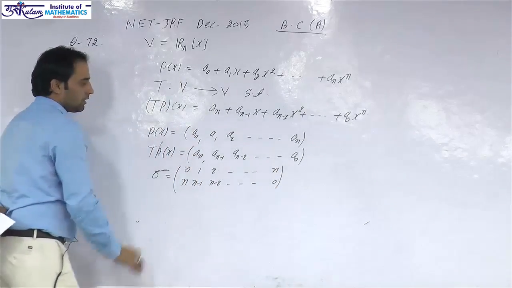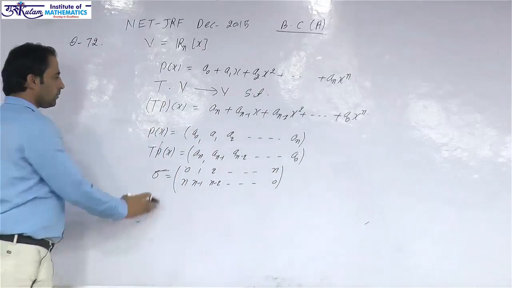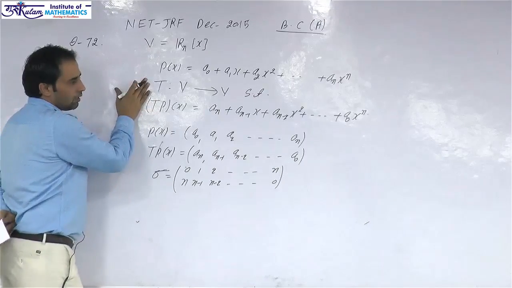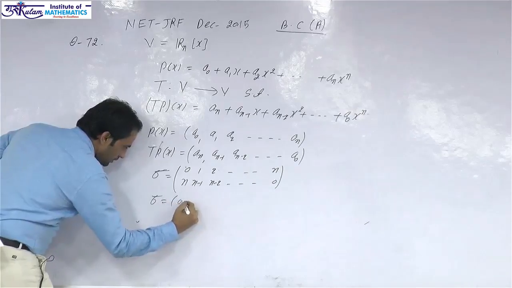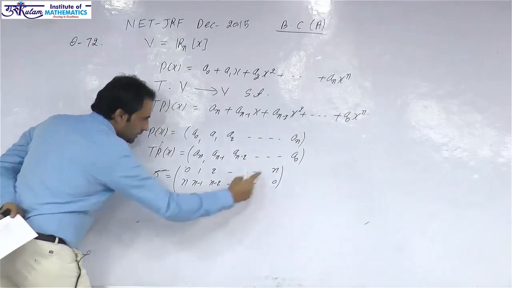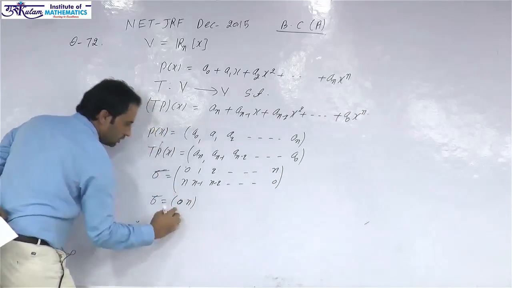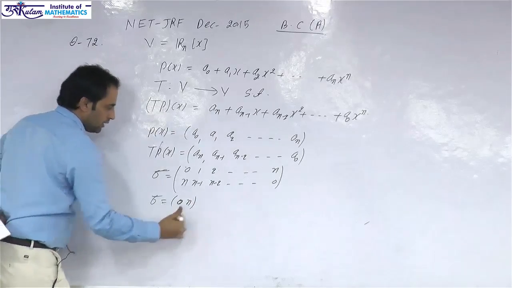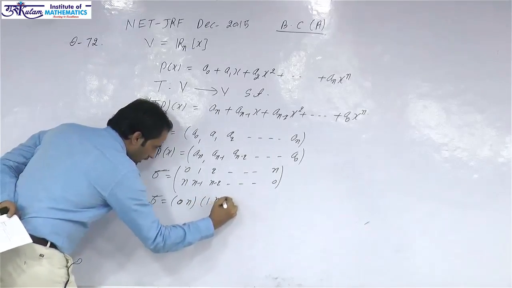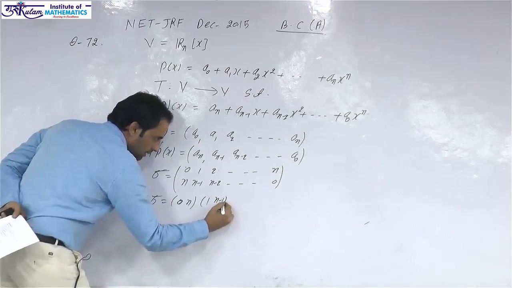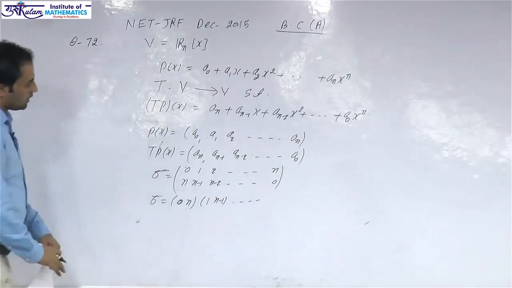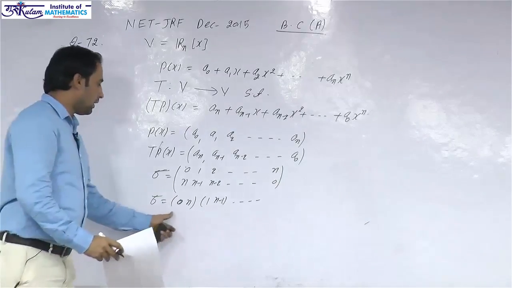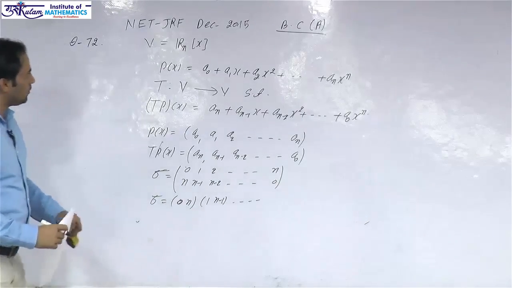So this is sigma, the permutation corresponding to this operator. The image of 0 is n and the image of n is 0. 0 is just a symbol, and the image of 1 is n minus 1, the image of n minus 1 is 1, and so on. So sigma is a product of disjoint cycles. Now come to the options.